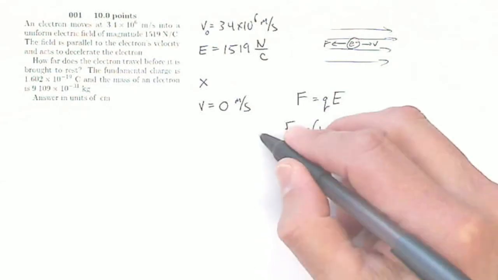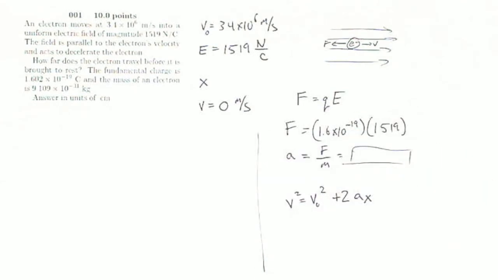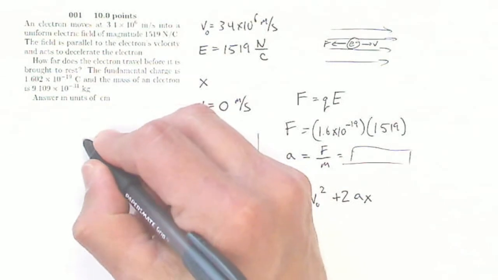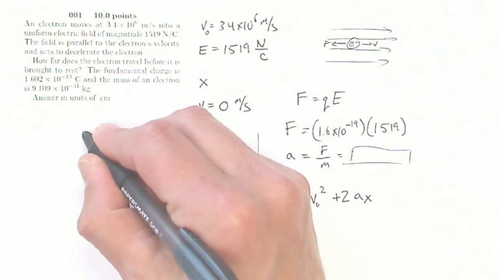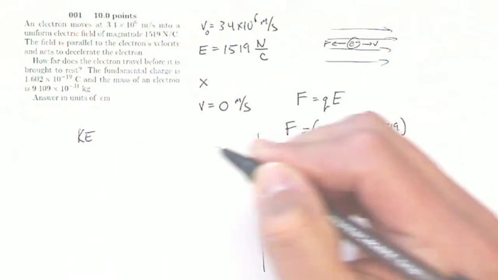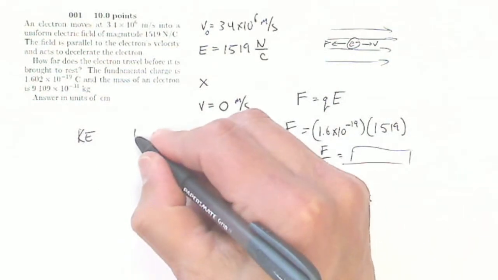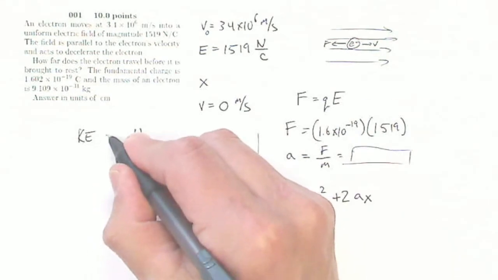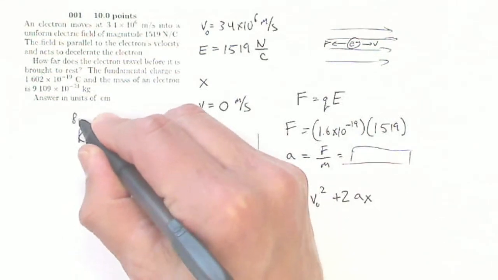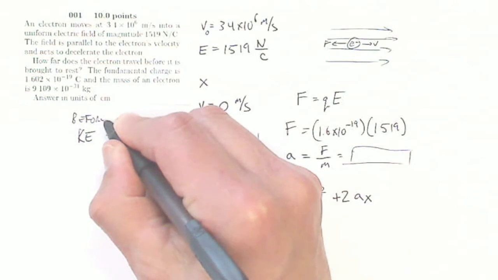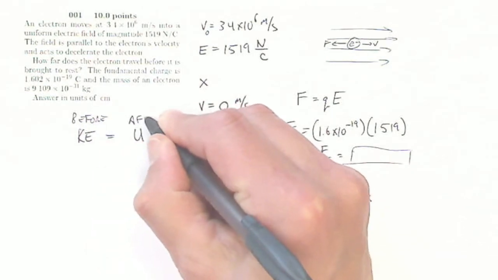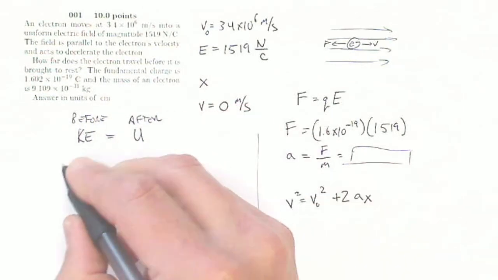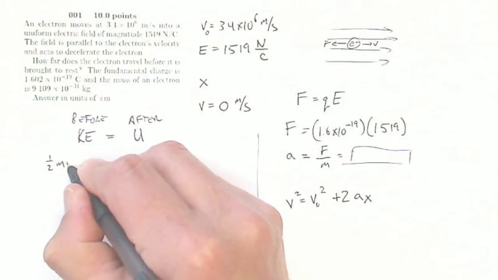The other way to do that would be to think about conservation of energy. I could do conservation of energy where the electron is moving with some kinetic energy, and then it's going to gain some electric potential energy as it moves into the field and comes to rest. So my kinetic energy beforehand is going to equal my electric potential energy afterwards. Well, my electron's kinetic energy is going to be 1/2 mv squared.